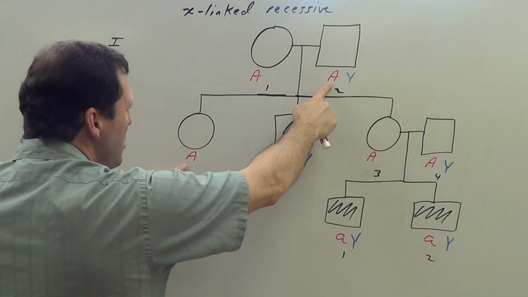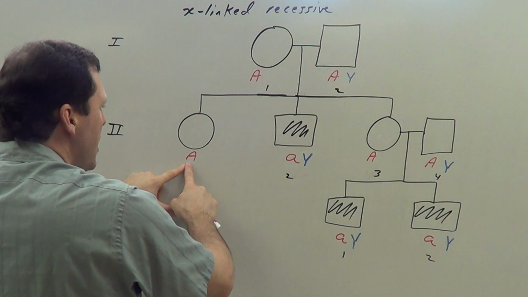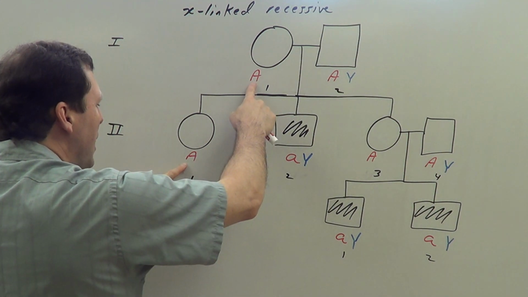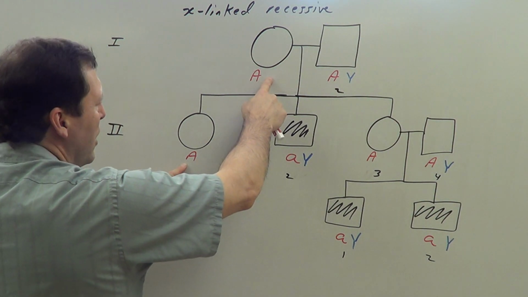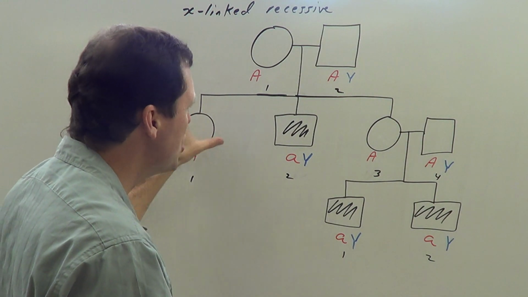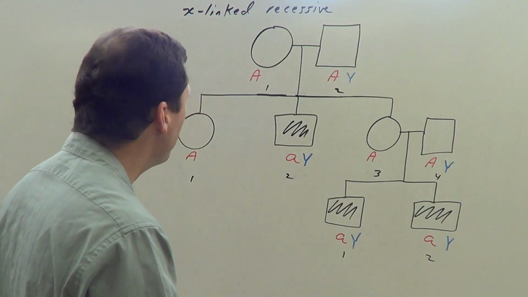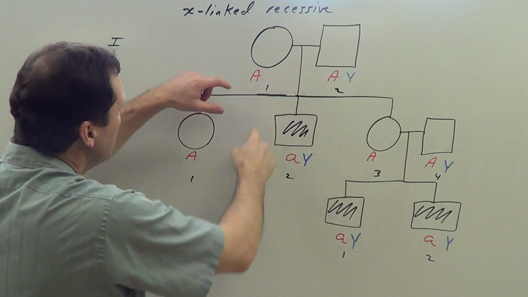So dad must have given a capital A to his daughter. And mom could either give a capital A or the other letter, which we don't know yet. So I can't figure this one out just yet. I'll come back to that, maybe I can, maybe I can't later on.